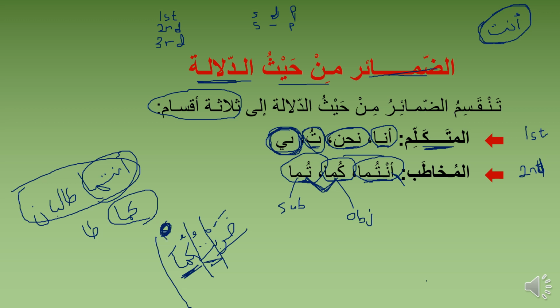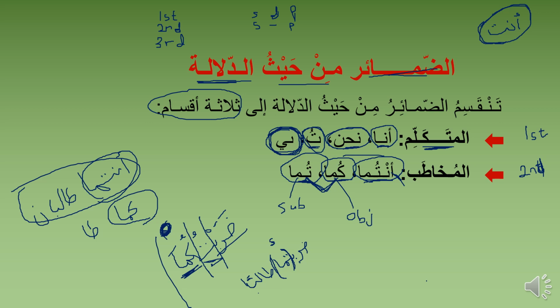So if you want to use this tuma in a sentence, we say dorabtuma toliban. The both of you beat a student. You can see this tuma here is a subjective pronoun.